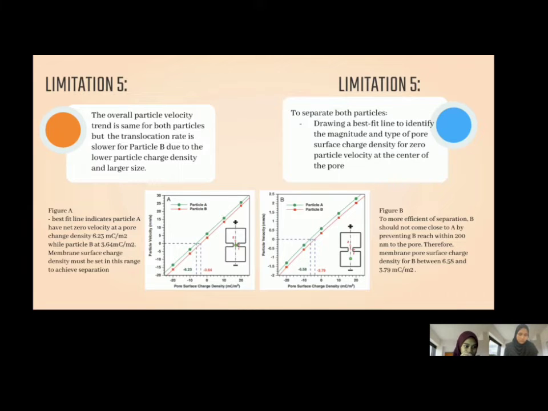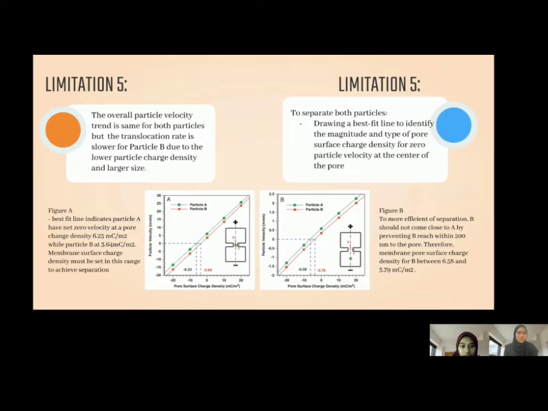In order to distinguish both particles, a best fit line had been drawn to identify the magnitude and type of pore surface charge density for zero particle velocity at the center of the pore. It can be seen from the figure below, figure A. The best fit line indicates that particle A has net zero velocity at pore charge density 6.23, while particle B at 3.64.